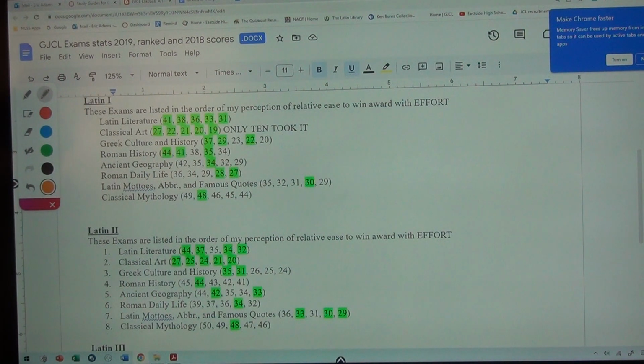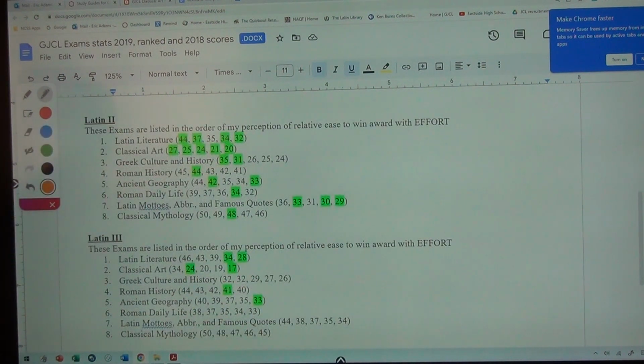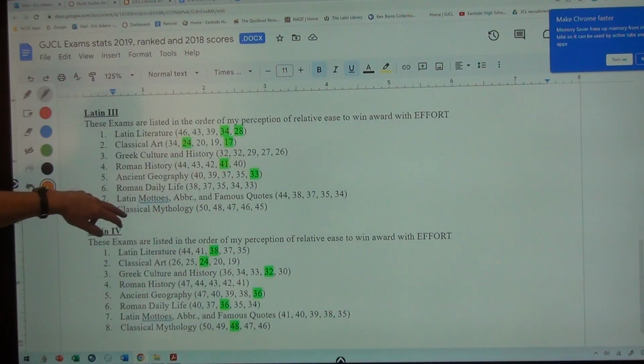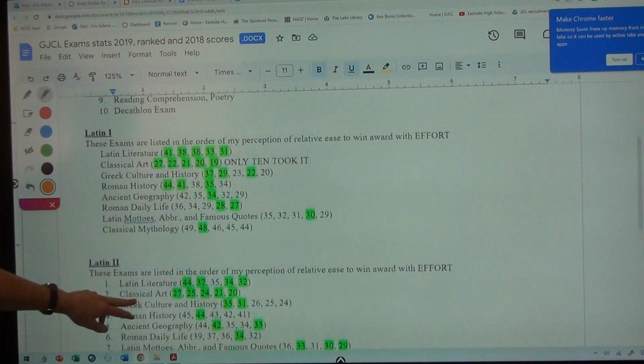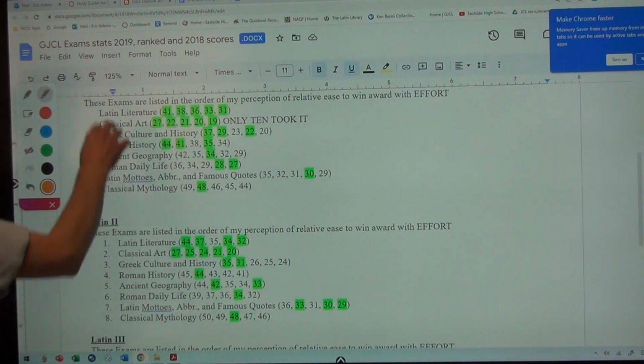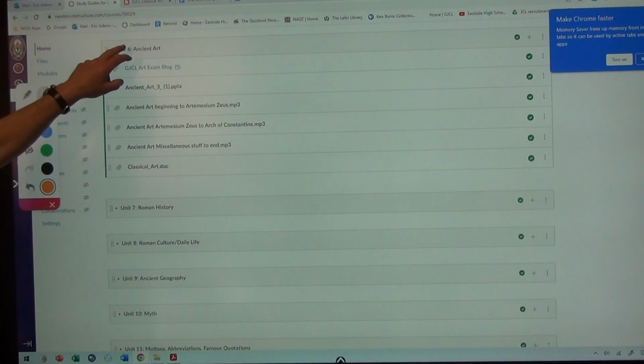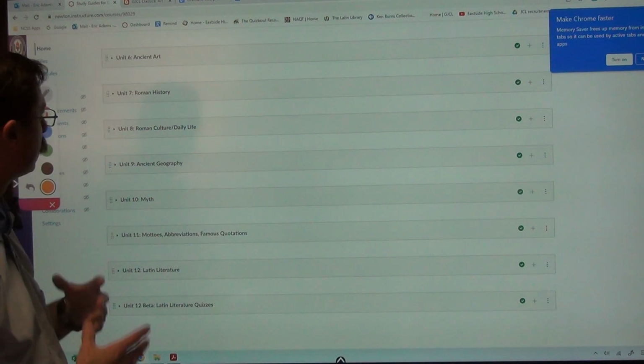And so it is really, really tough, but Eastside swept level 1, all five of the places that earn you points, and in level 2, all five of the places that earn you points. Level 3, not as much. Level 4, not as much. But as you can see, in level 1 and 2, we really did well. So that is the ancient art exam that you can study as well.